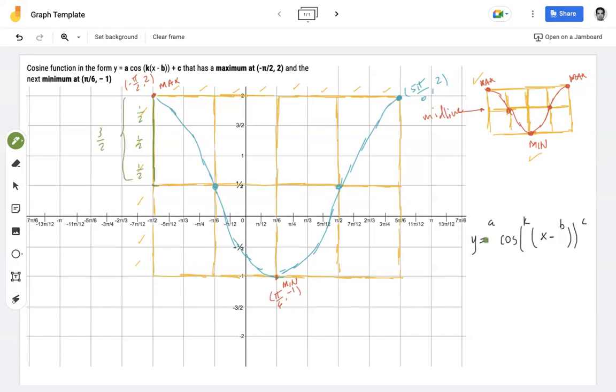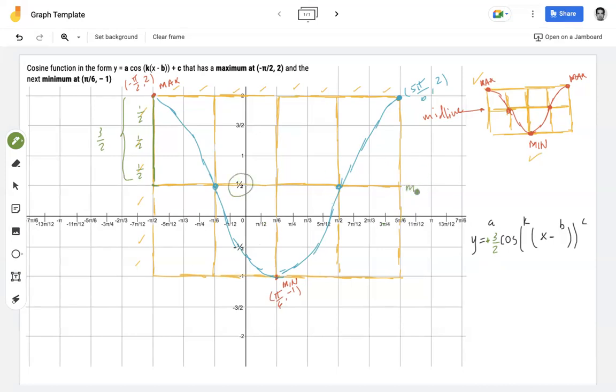So here we're going to have a positive 3/2. Now we can go for the shifting and the midline. The one that should be a bit more challenging is the k, because we need the period, and then we proceed to get the k.